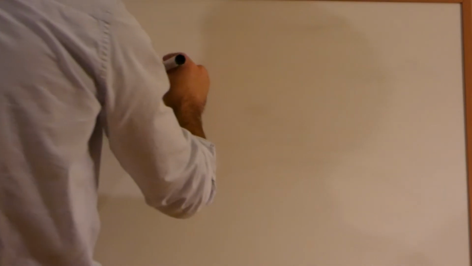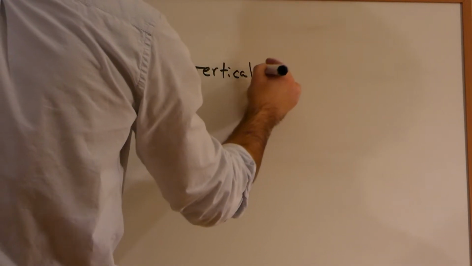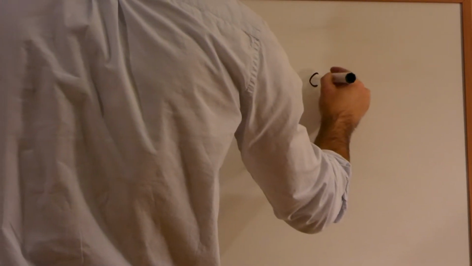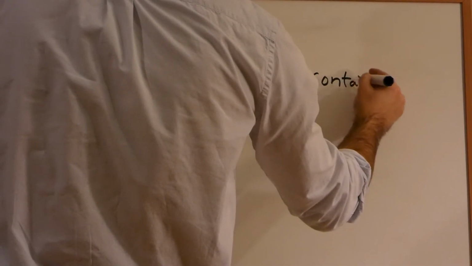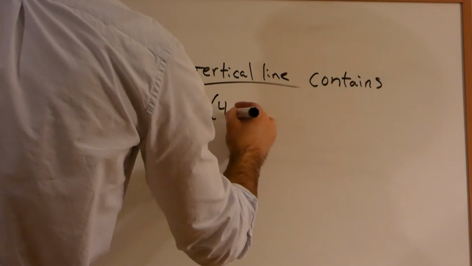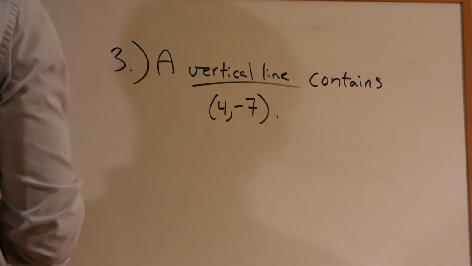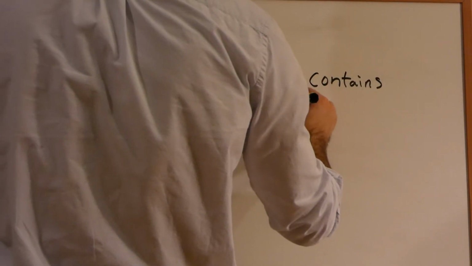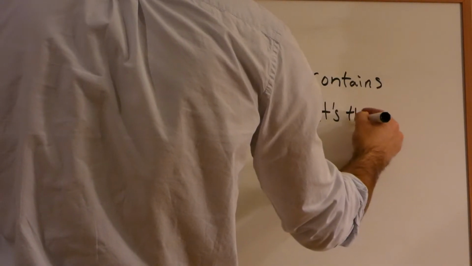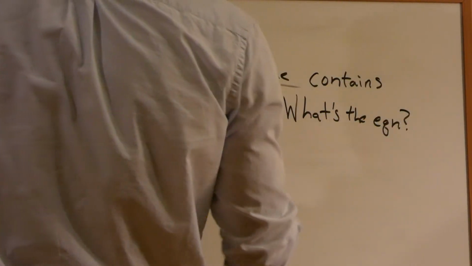It said that a vertical line contains the point 4, -7, and it's wanting us to figure out what is the equation of this line in particular.